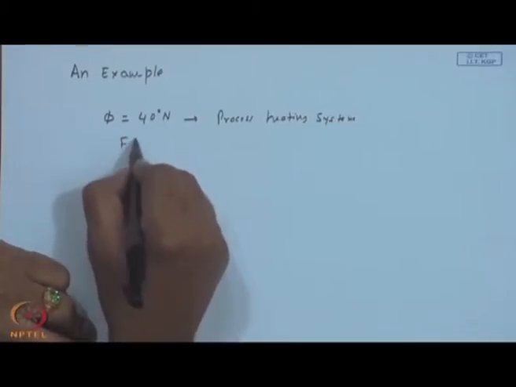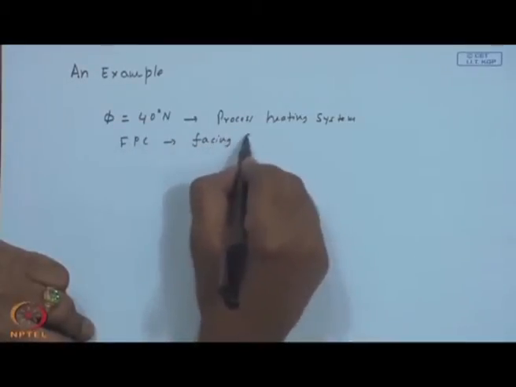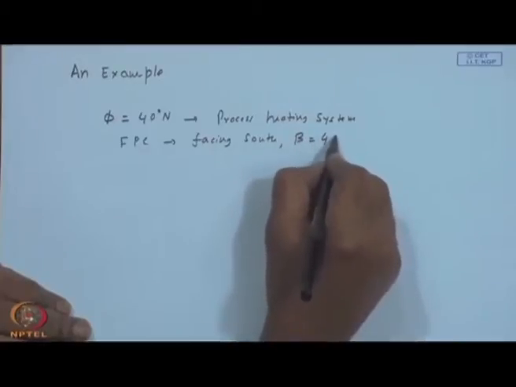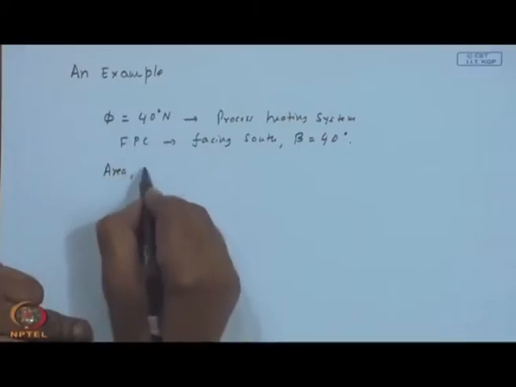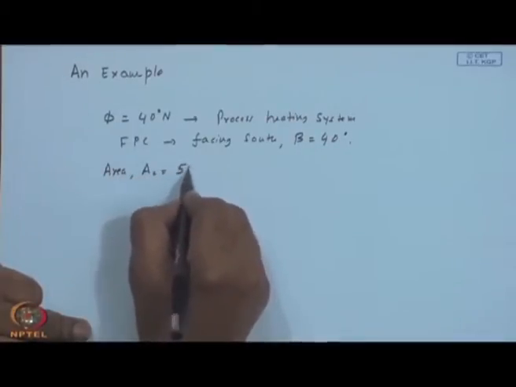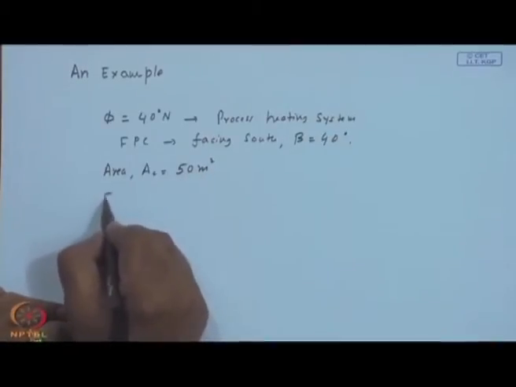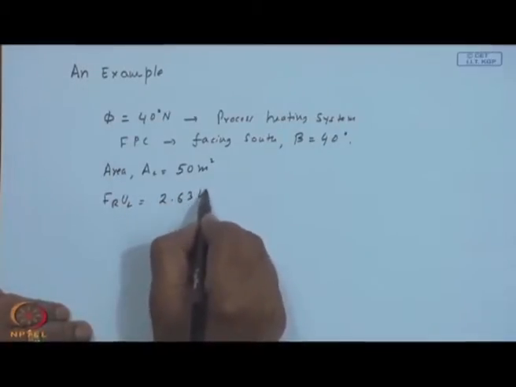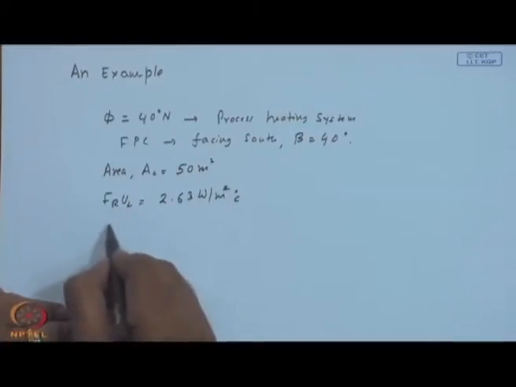Flat plate collectors facing south, and the slope beta is equal to 40 degrees, area A C equal to 50 meter square, and the collector parameters are F R U L is 2.63 watts per meter square degree centigrade, and F R tau alpha normal.